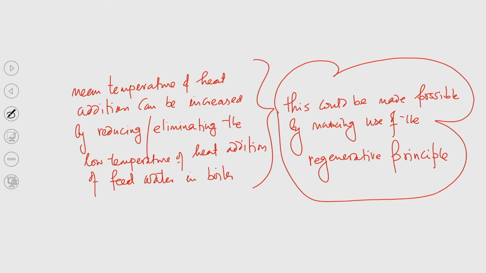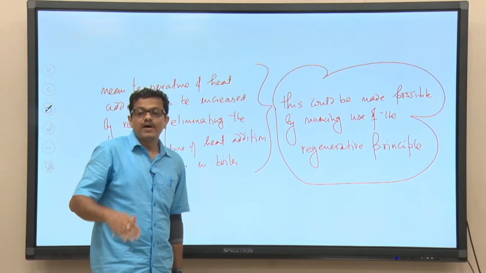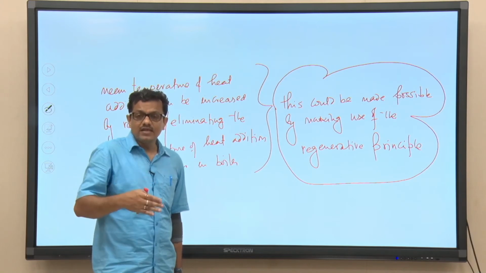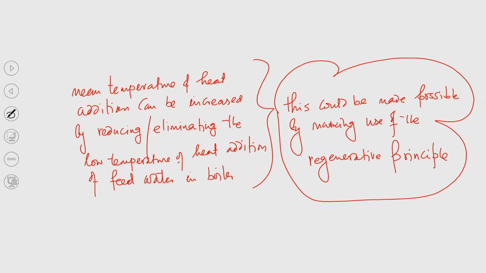Now, having understood this, what do we mean by regenerative? Basically, regeneration is nothing but to increase the mean temperature of heat addition, either by eliminating or by reducing the low temperature of heat addition of feed water in the boiler.